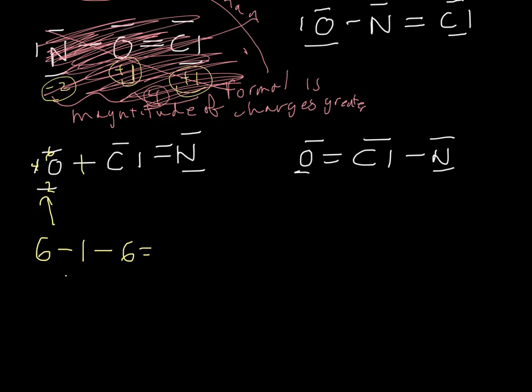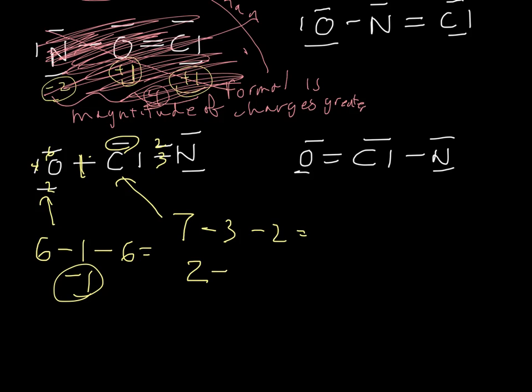That gives us a formal charge of -1 for our oxygen. Our chlorine here has 7 valence electrons because it's from group 7A. It's participating in 1, 2, 3 bonds, and has 2 lone electrons. So that gives it a formal charge of +2.